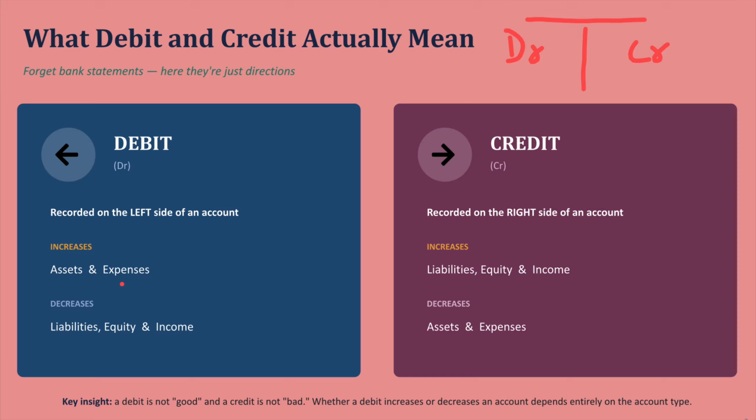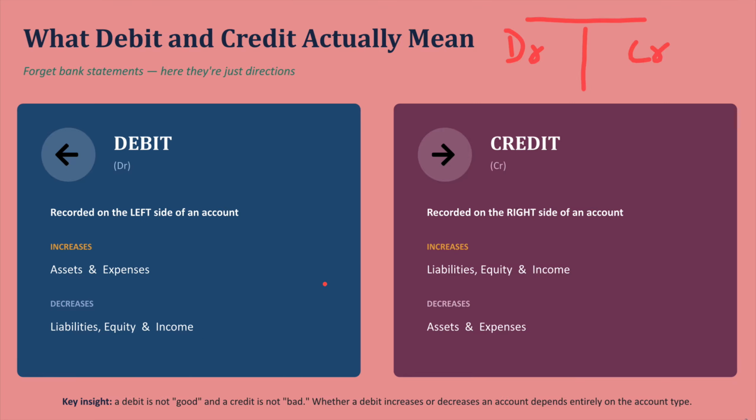A decrease in liability, equity or income will also be debited. You can see this as vice versa. An increase in asset will be debited, a decrease in asset will be credited. Increase in expenses will be debited, decrease in expenses will be credited. Likewise, increase in liabilities, equity and income will be credited, and a decrease of the same will be debited.